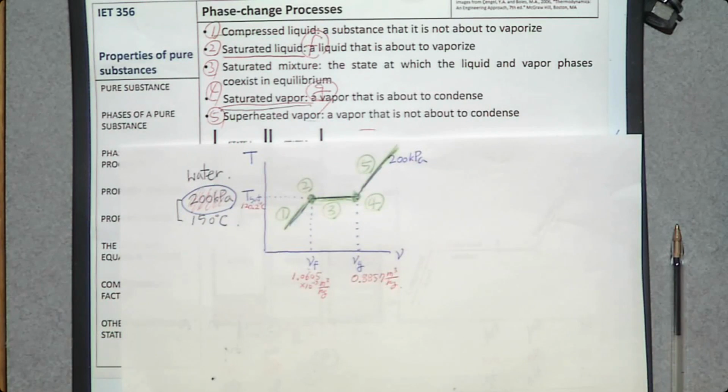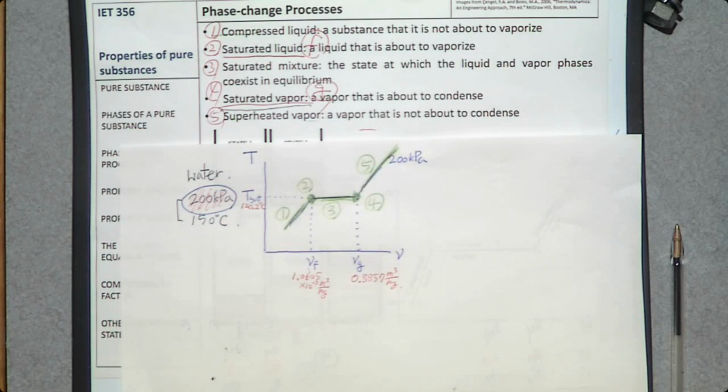Now we have one more clue to locate our system. What is that? The temperature of our system. So let's find this temperature on this TV diagram. Where is temperature on this diagram? This vertical axis. So where is 150? How do we know? Oh, we know this reference point, T sat, is only 120.